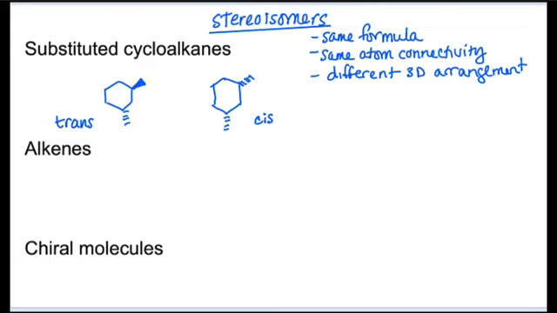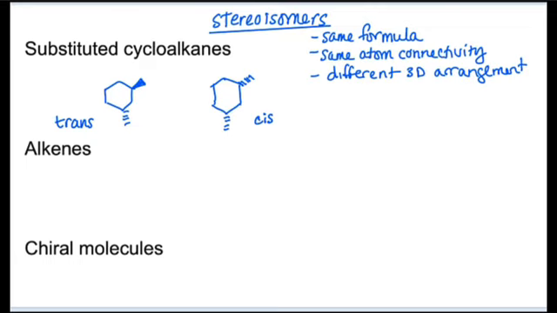If you have a model built, you can convince yourself that there's no way you could twist or turn the molecule or shape it differently to allow for this interconversion. You would have to actually break a chemical bond.